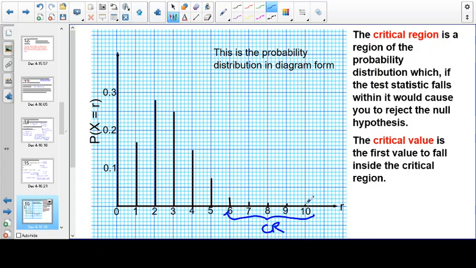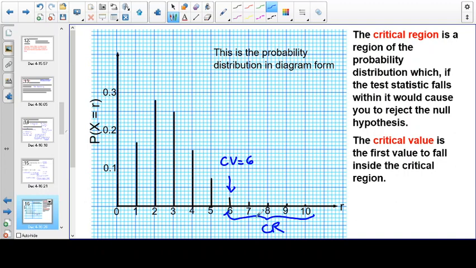The critical region is a region of the probability distribution which, if the test statistic falls within it, will cause you to reject the null hypothesis. The critical value, which is this one, is 6. That is the first value to fall inside the critical region.